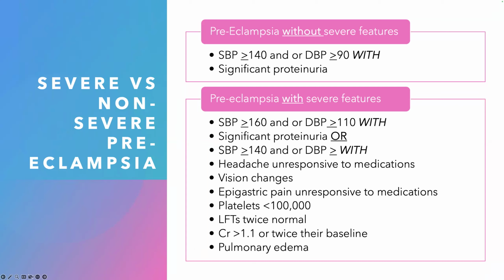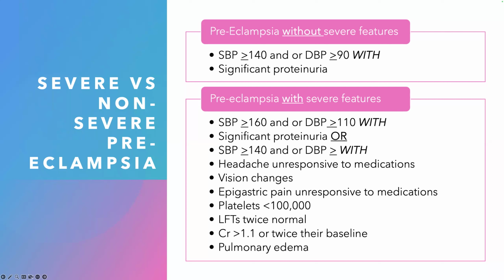Again, significant proteinuria is 300 milligrams or more in a 24-hour urine, or 0.3 in that protein creatinine ratio. The severe blood pressures can be confirmed within minutes. You don't need to wait 4 hours for a severe blood pressure because those people are at risk for stroke. So we're not going to sit around and wait for someone to have multiple severe range blood pressures over hours.